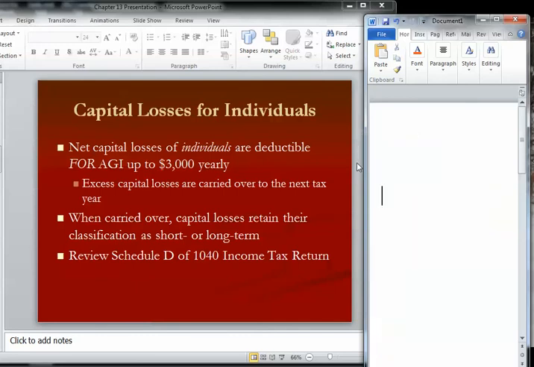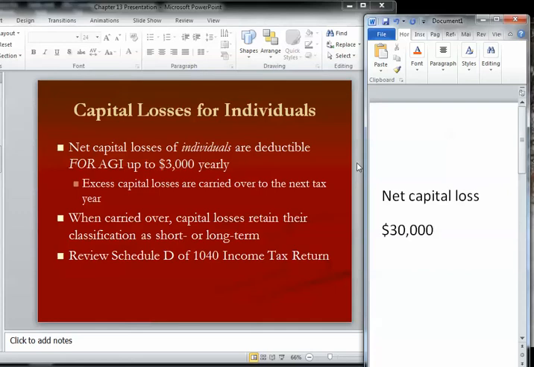For example, if we had a net capital loss of $30,000. Within the last year or two, a lot of investors were experiencing pretty high declines in the value of their stock portfolios, so a net capital loss for the year of 30,000 is probably pretty reasonable.